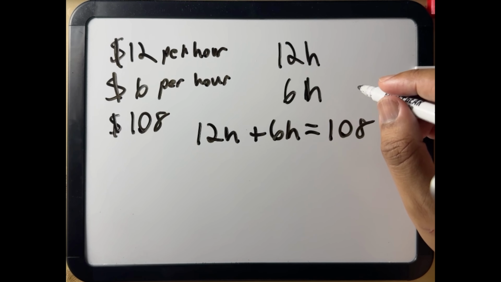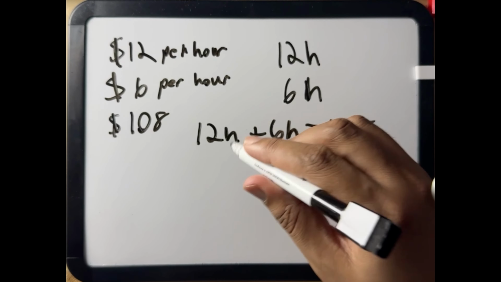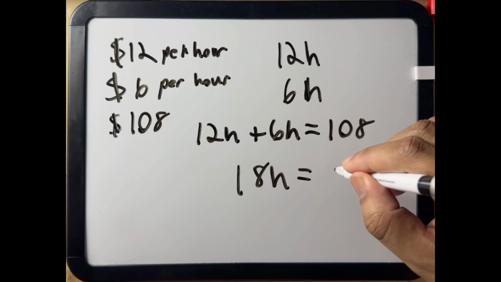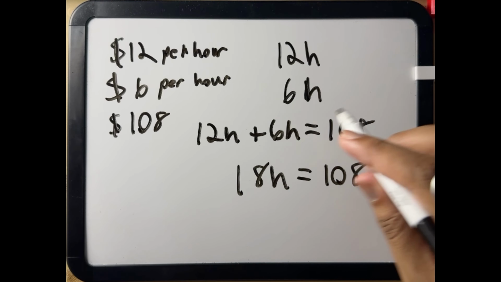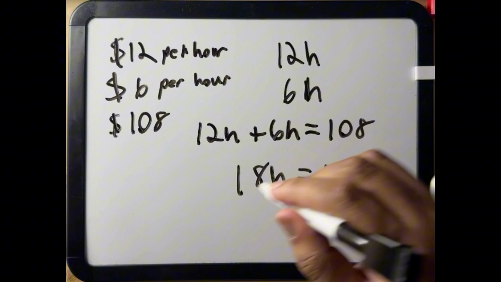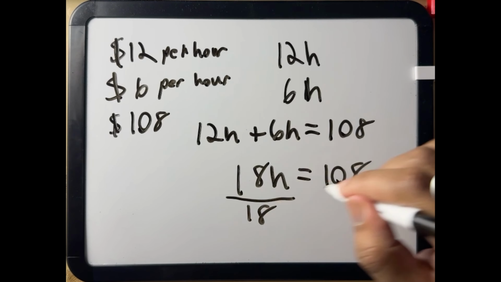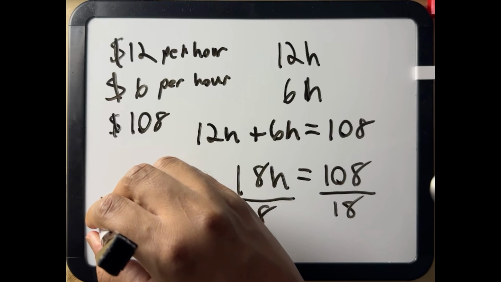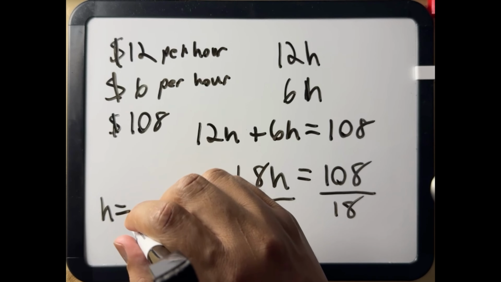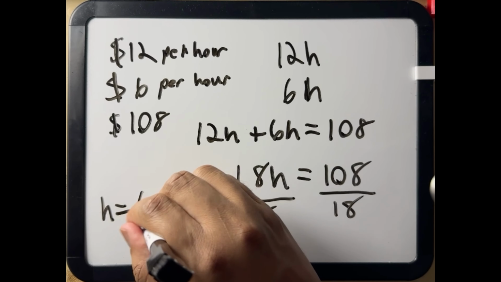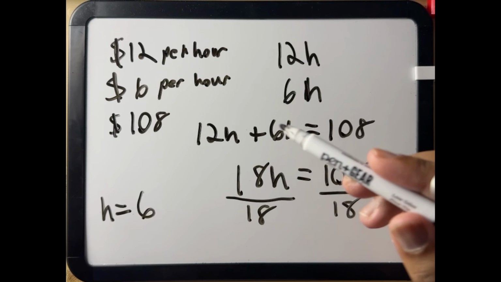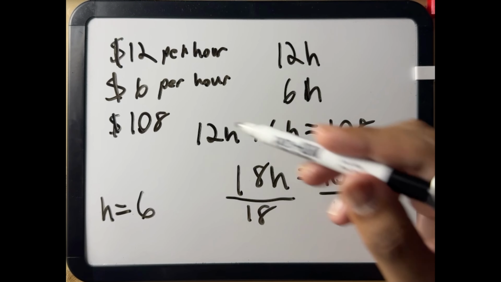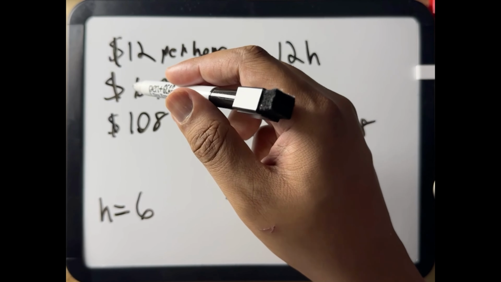Now we combine like terms. 12H plus 6H equals 18H equals 108. Now we just divide both sides by 18, giving us an answer of H equals 6. So both the father and son worked 6 hours each at these rates to amount to the final charge of $108.